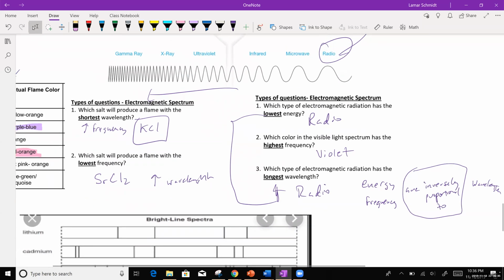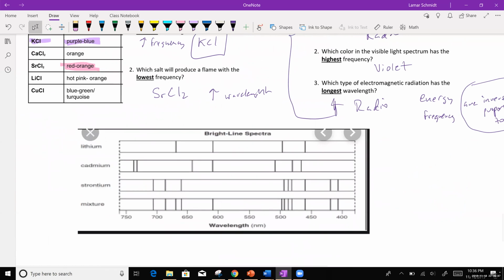Okay, and then this last part, we did a worksheet on this. Basically you're checking to see what is in the mixture, and you're seeing if the wavelengths that are found in lithium are matching up with anything in the mixture, or if cadmium is found in the mixture, or strontium. So you find the lines and you see they match up, they match up, they match up. So the mixture contains lithium.